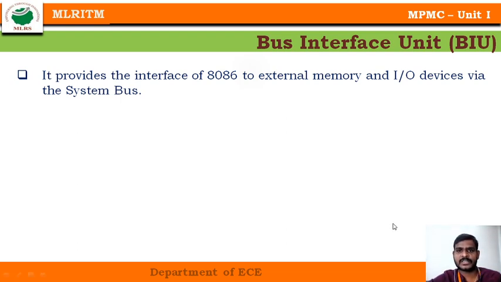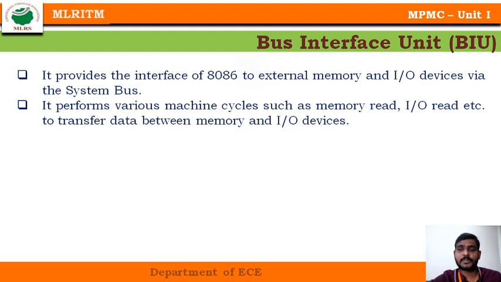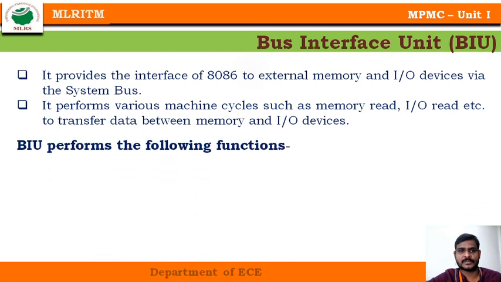So the main function of the bus interface unit is to interface the 8086 to external memory or IO devices. It performs various machine cycles, which means it needs to generate various machine cycles for reading and writing operations from memory or IO devices, and it transfers the data between them.